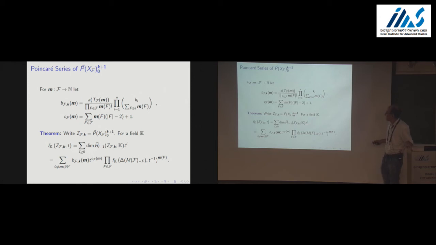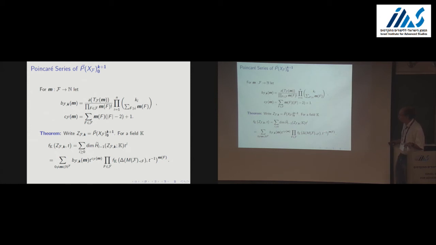And then, using these numbers and these posets, you can write the Poincaré polynomial of the path complex. The Poincaré polynomial of the path space is just the generating function of the dimensions of the homology of the space. So it's the sum of the dimension of reduced H_{i-1} times t to the i, and it turns out that this is exactly this.